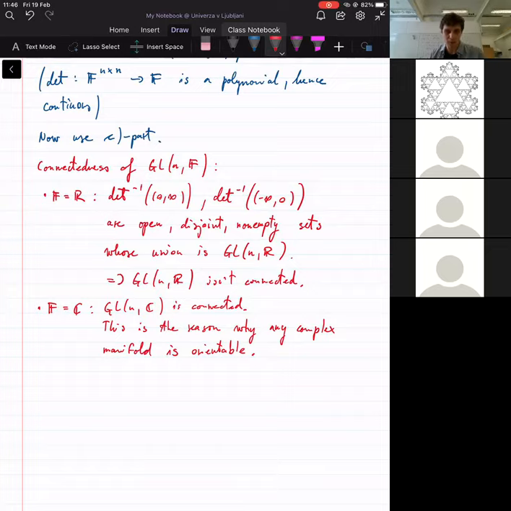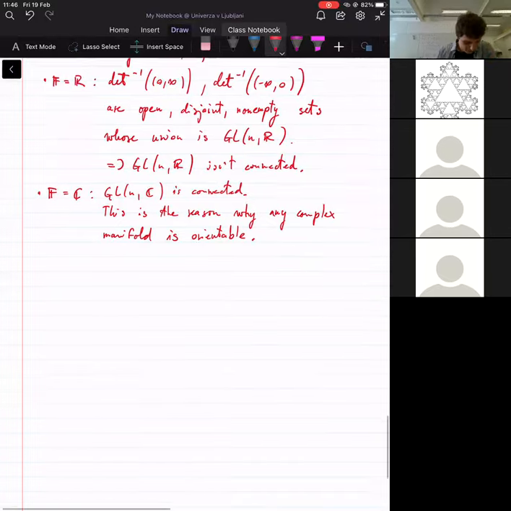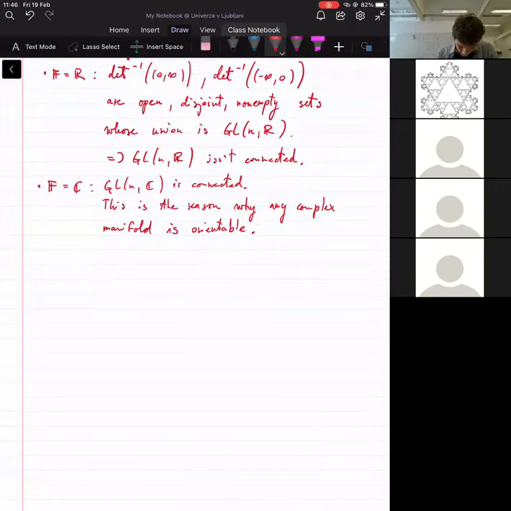But since this GL_n(C) is connected, we have no other choice but for the manifold to automatically be orientable. There is no other notion that we can work with than these. Okay, so that's something that you may contemplate.